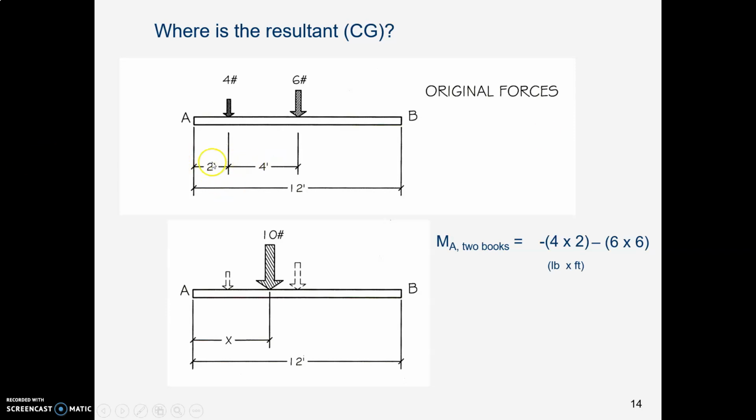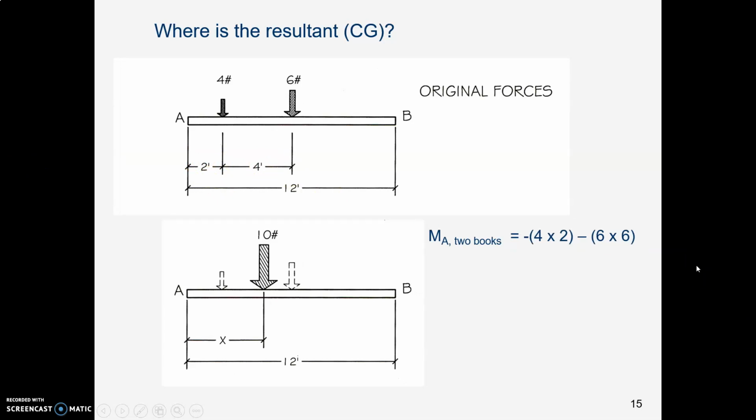That's how far it is all the way to the end. So the moment caused by those 2 books, boiling the numbers down, getting out our calculator, is a negative 44 foot-pounds. And why is it negative? Because they're clockwise. All right.